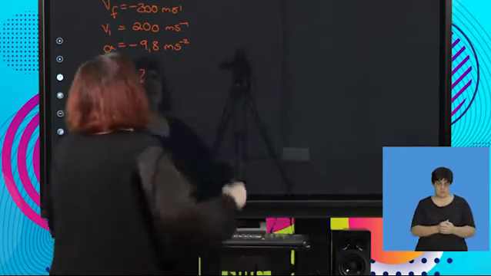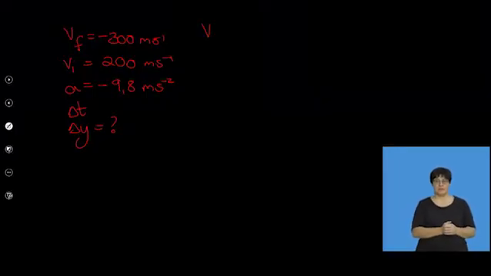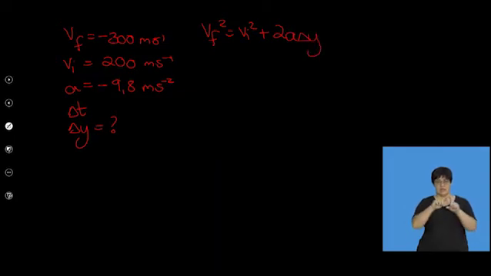And I can't use the last equation either that we had with the half in it, because it all requires time. There's only one equation I can use that doesn't have time in it, and it's this one. vf squared equals vi squared plus 2a delta y. It's not pleasant because it's got the square in it, but it doesn't matter.